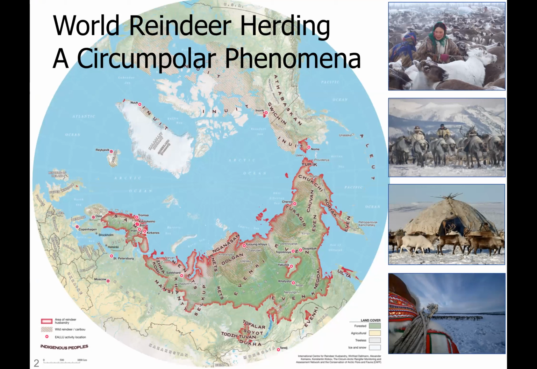You will note that this map is projected in a slightly different way. The North Pole is in the middle of the map. It shows the reindeer herding areas across 24 different indigenous peoples across 10 national states and 3 continents.